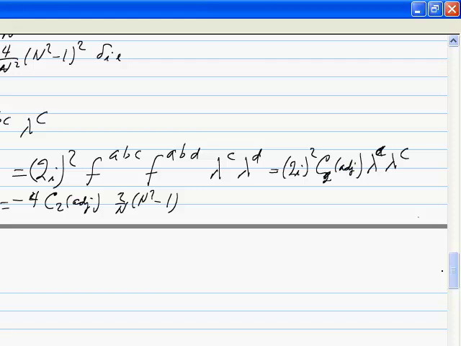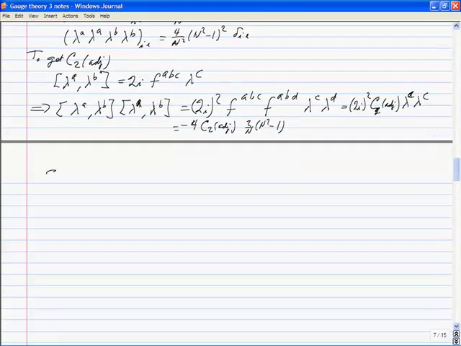Okay, so if we do that calculation, we get the Casimir. So then we take lambda A, lambda B, lambda A commuted with lambda B. That's these two terms that I had up there.